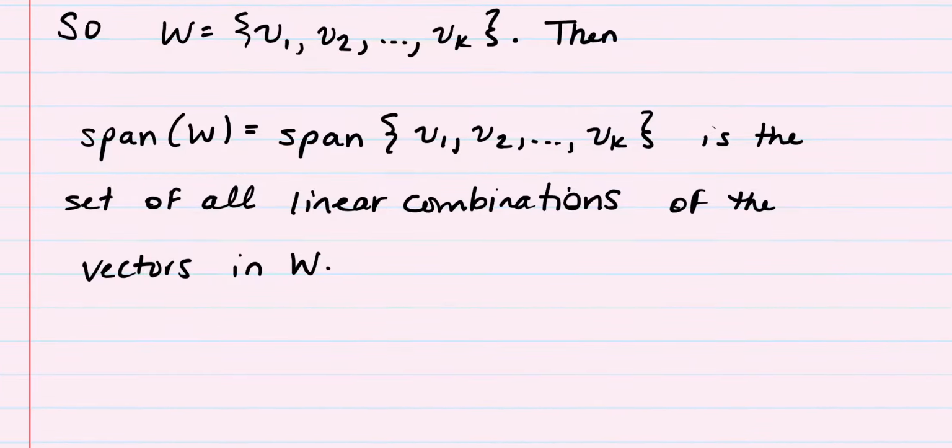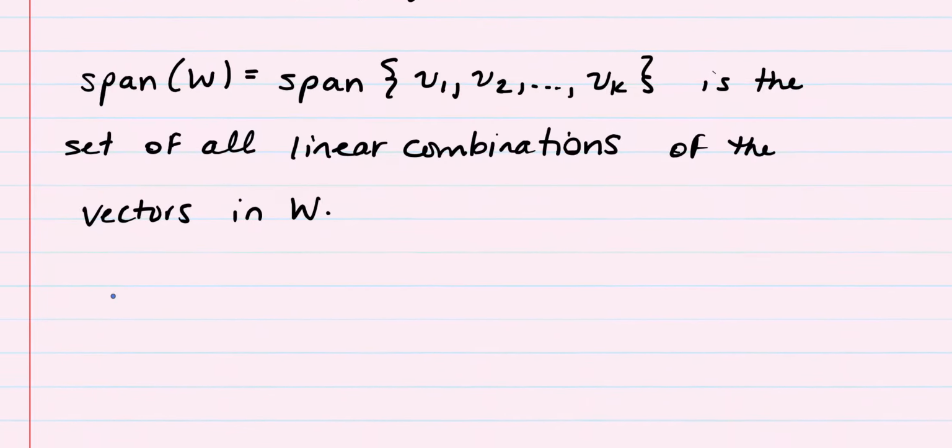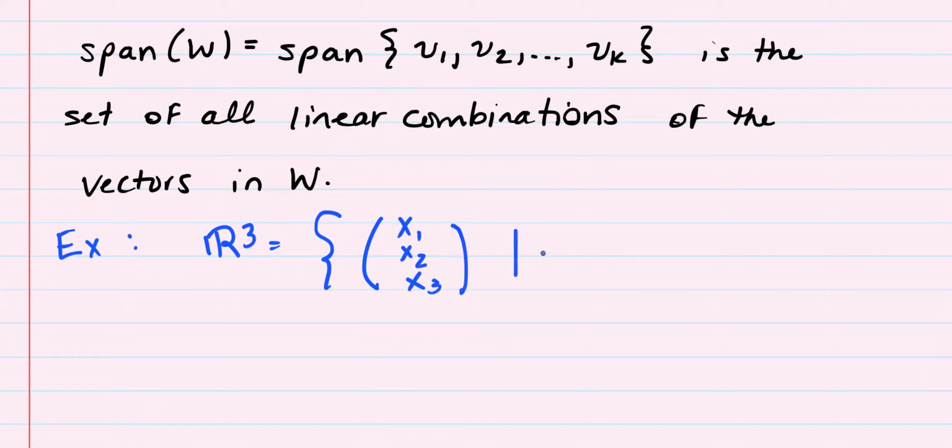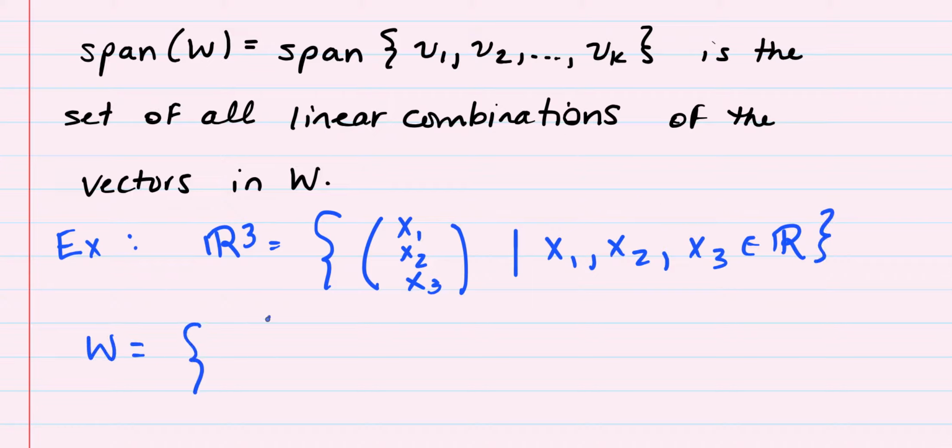Let me give you an example. Let's say we're working with R3, and we know R3 looks like vectors x1, x2, x3, where these x1, x2, x3 belong to R. And let's say we pick two vectors to belong to W. I'm going to say (1, 1, 0) and (0, 5, 0).